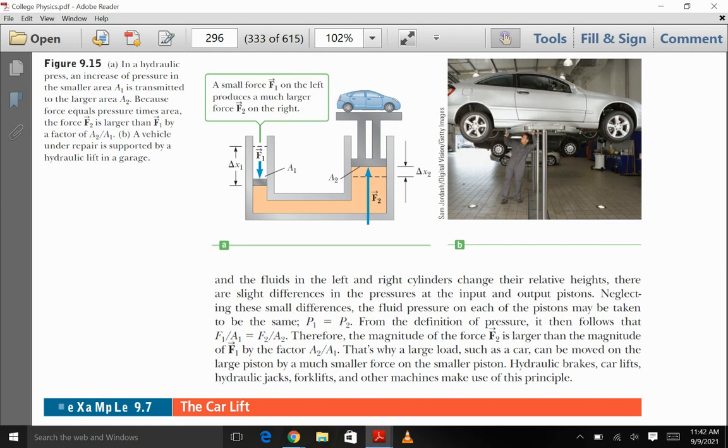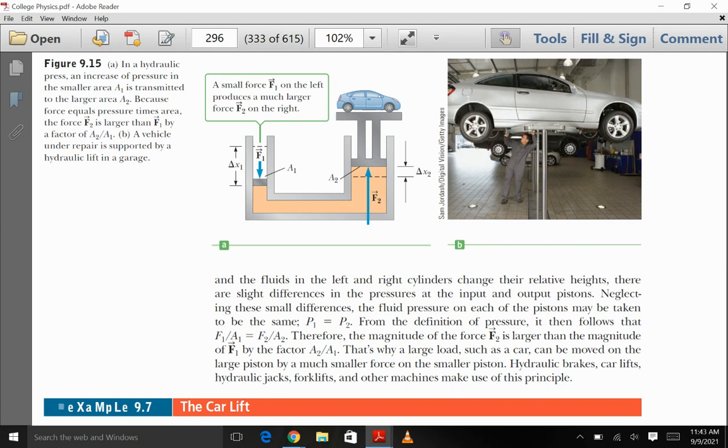So what's happening here? On the left, we've got that force that has been applied. Remember, we are saying the pressure in an enclosed fluid is transmitted and diminished. So this means that an increase of pressure in the smaller area is transmitted to the larger area.